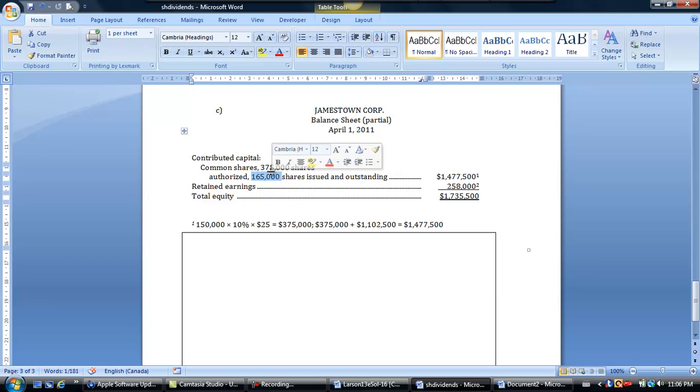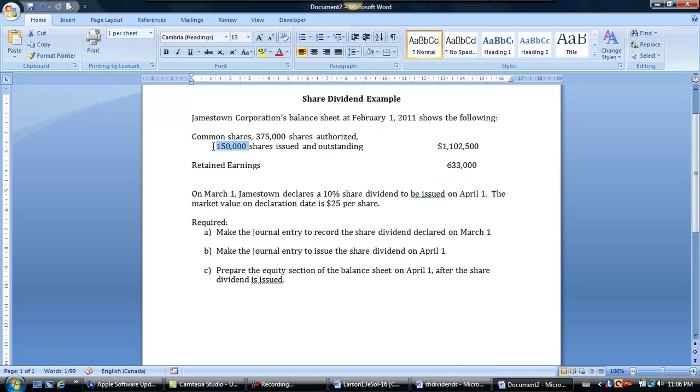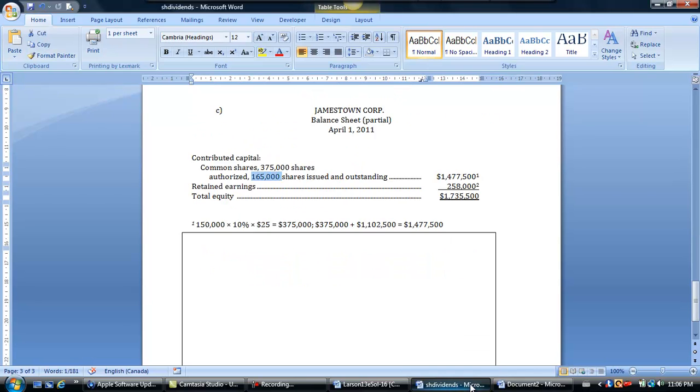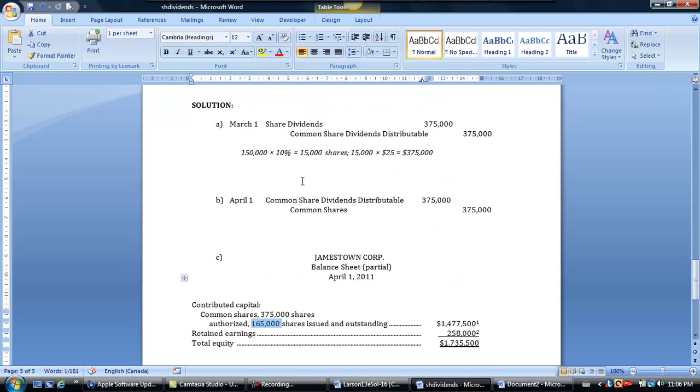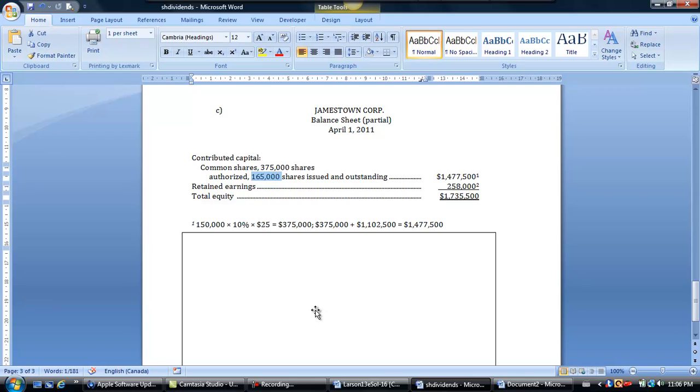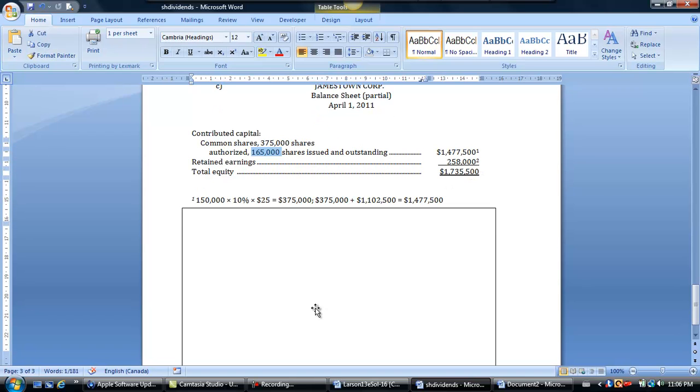How did we get 165,000? Well, we had the original 150,000 that we started off with on February the 1st, and when we declared our 10% share dividend on the 150,000, we had 15,000 new shares. So we add that 15,000 to the 150,000 to find that we have 165,000 common shares issued and outstanding. Now we've got a new value.